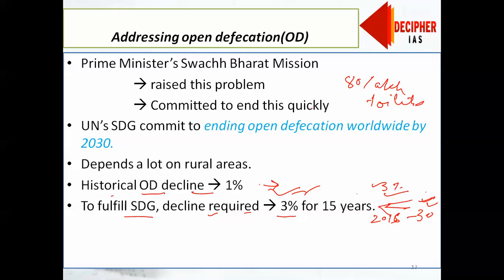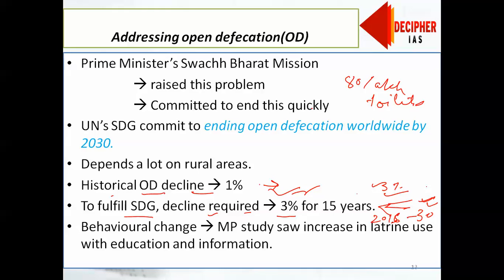Every year at least 3% of open defecation problems should be removed. So behavioral change is the most important thing which can turn the tide towards the government in removing this evil practice, or not evil, this unsanitary or bad practice.